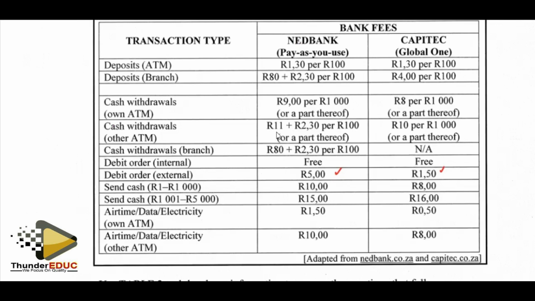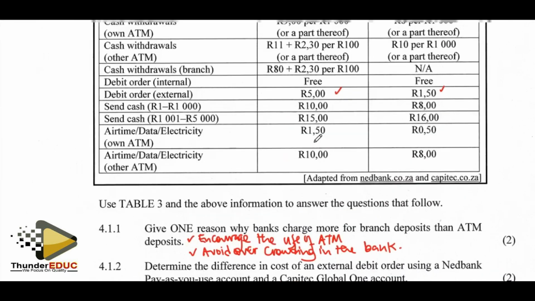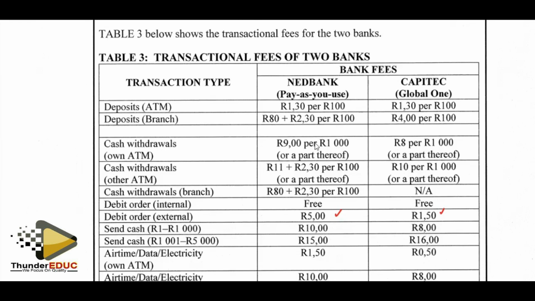Then they say he withdrew 450 at another bank, and at another bank first and foremost you pay 11 rands plus 2.3 per 100 or part thereof. The person withdrew 450, and this one will be counted as 500.